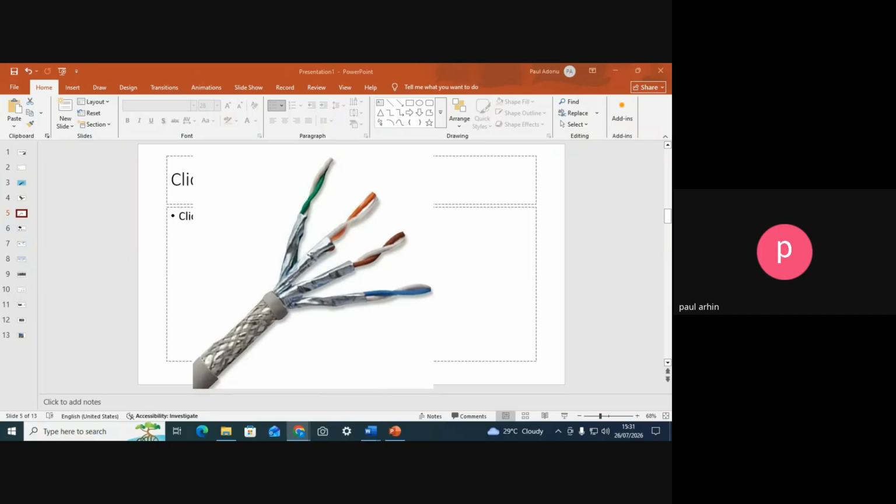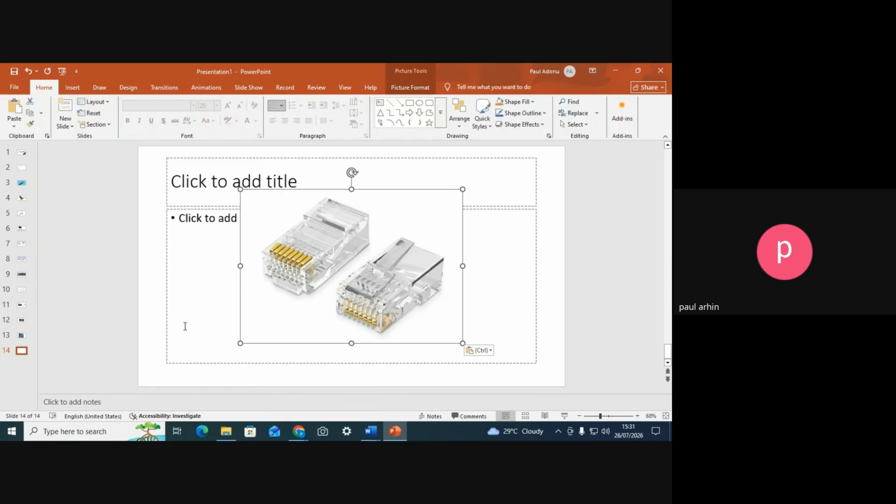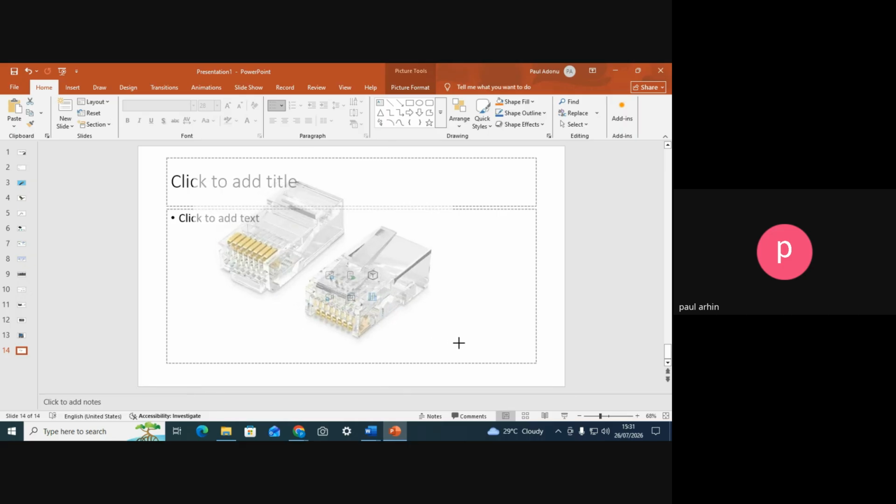Those RJ45 connectors, sometimes some of them come in smaller sizes, which are used for the telephone connection, telephone lines. So let me just show you this image quickly. Okay, this is the RJ45 connector.